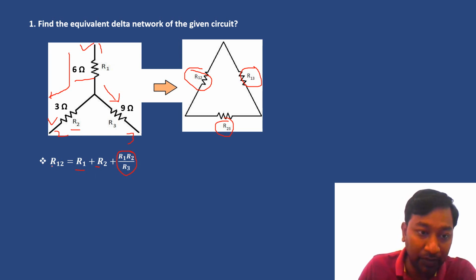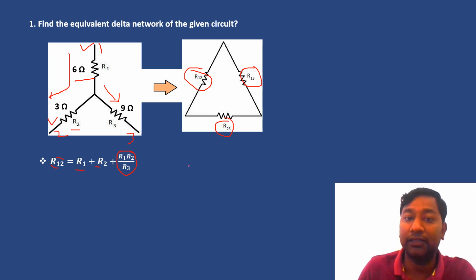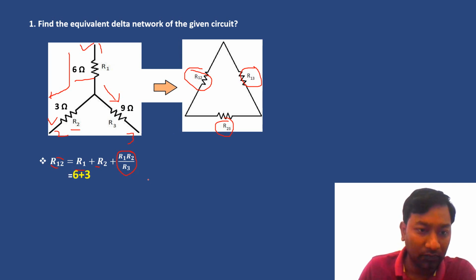In this way we can remember: first we write R1, then R2, plus R1 into R2 divided by R3. The values are given: R1 equal to 6 ohm, R2 equal to 3 ohm, and R3 equal to 9 ohm.